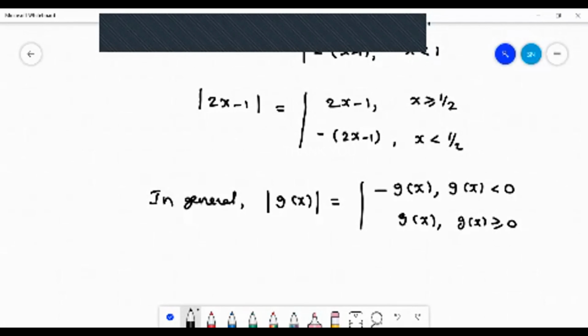So this is the definition of the modulus function.